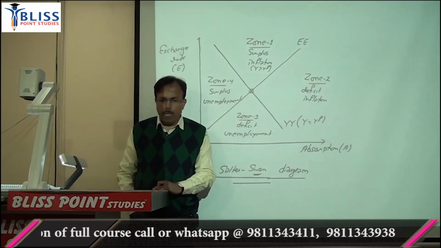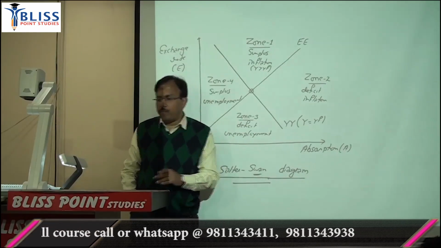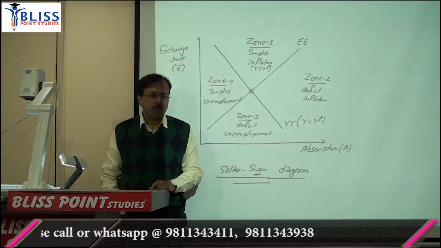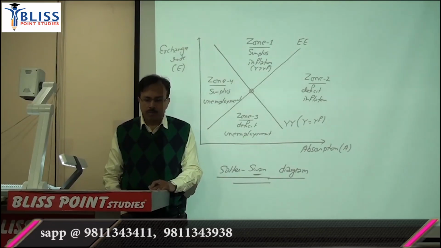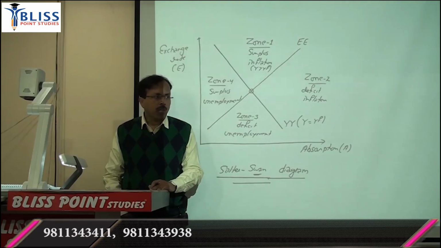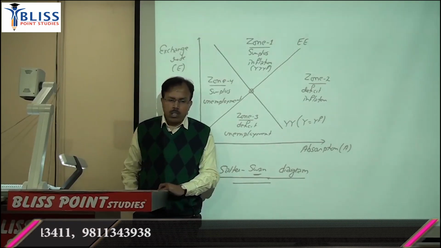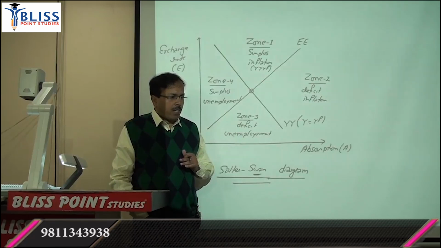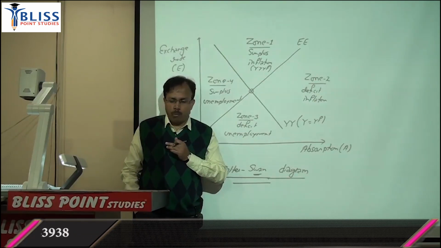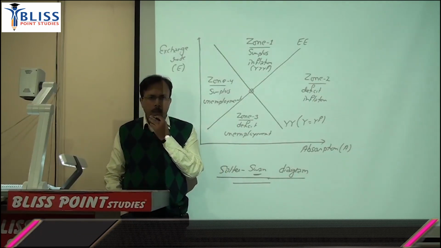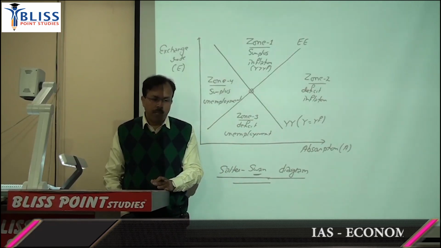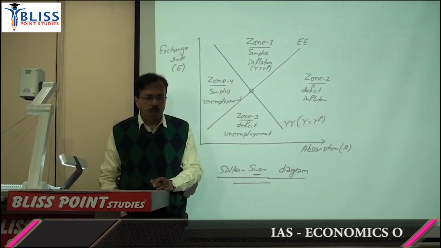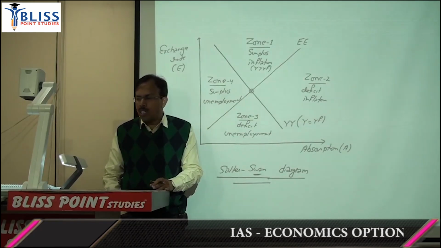On the other end, points to the left of the YY schedule show unemployment because Y is less than YF.